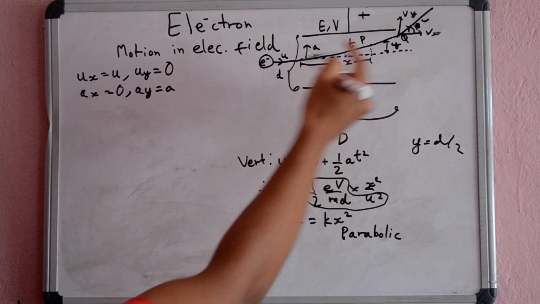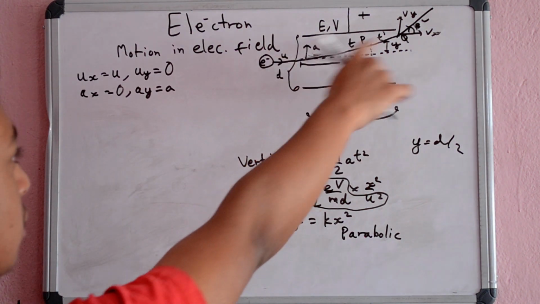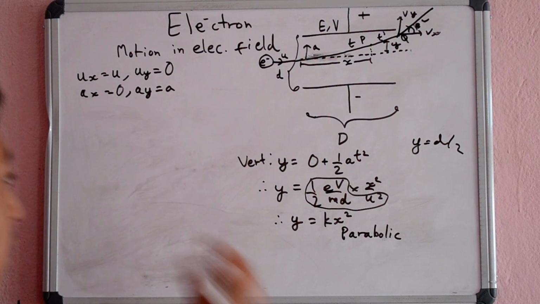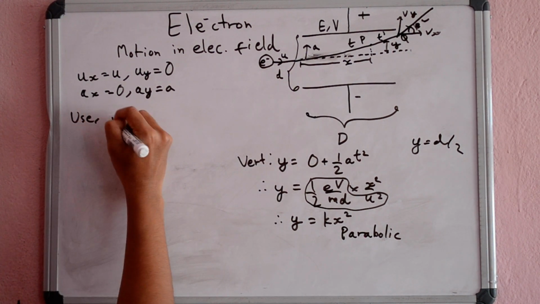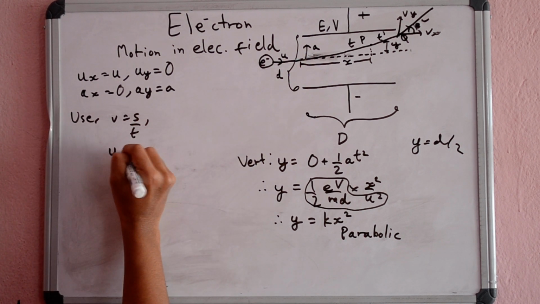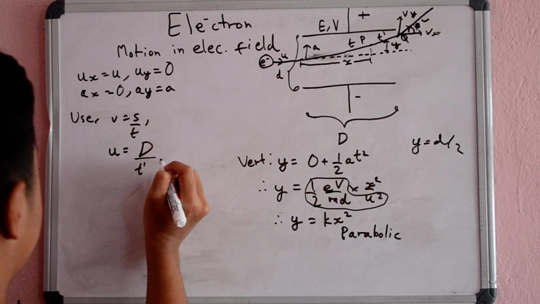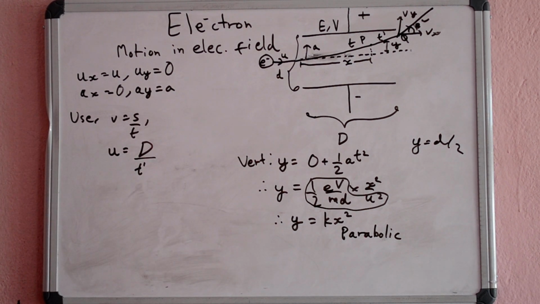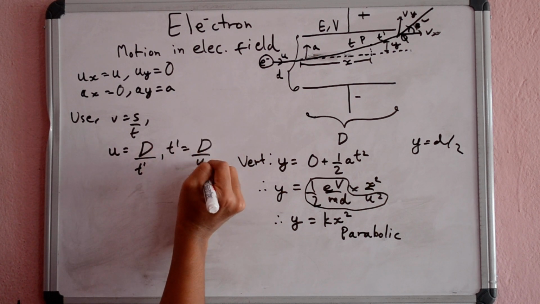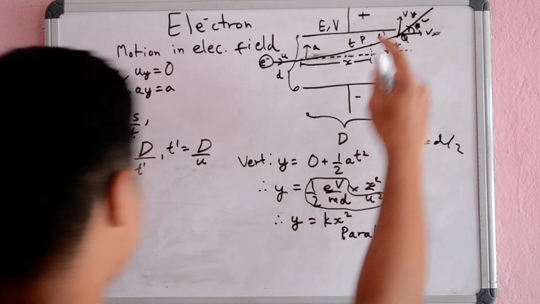So now let's just say it took time t dash to reach from start to the end. So using velocity equals to distance by time, we have initial velocity u equals to the distance between one plate by t dash, right? So that means t dash is equals to distance by initial velocity.